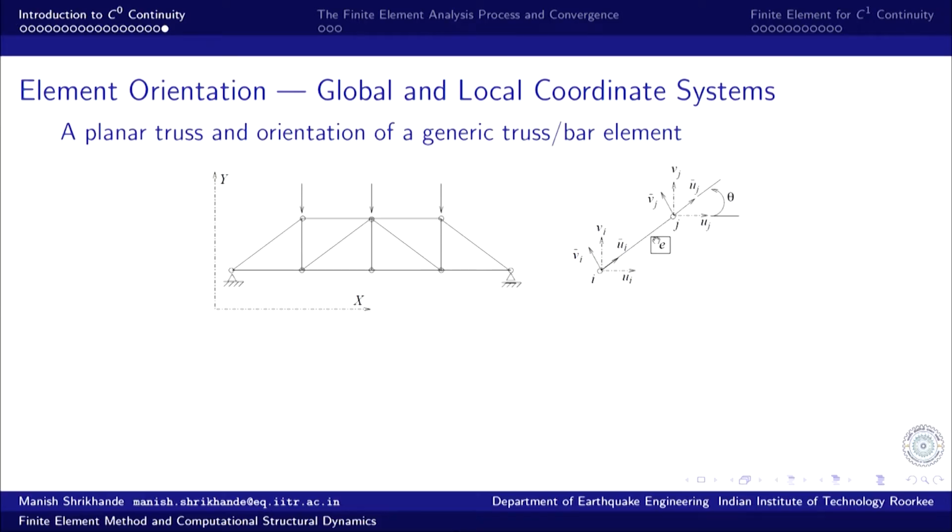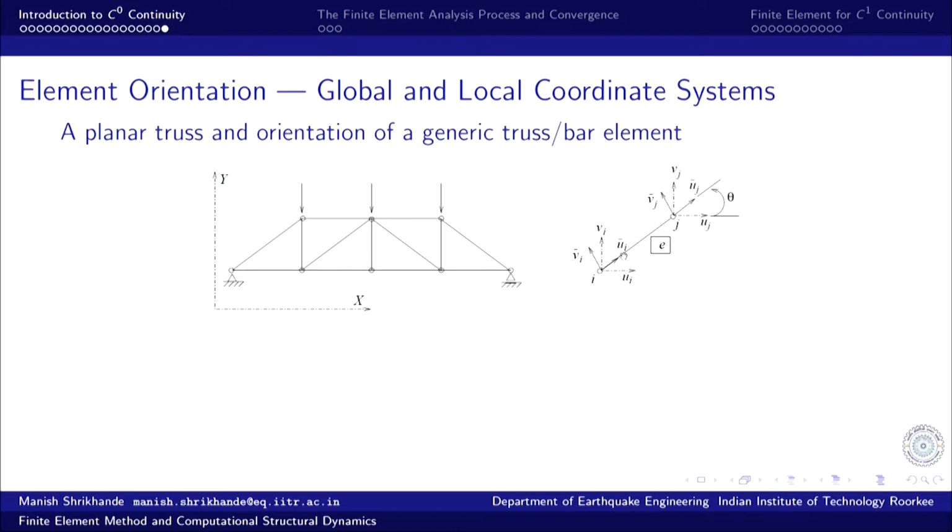For example, in this case, a generic element E is oriented at element angle theta. So this u bar and v bar are the local degrees of freedom. u bar i and u bar j are the deformations along the local member axis, and v bar i and v bar j are transverse to the member axis.